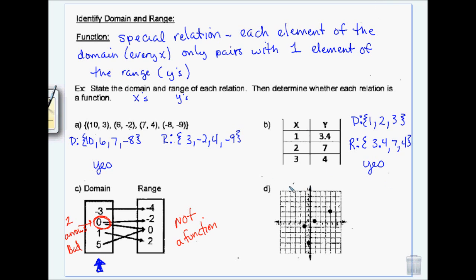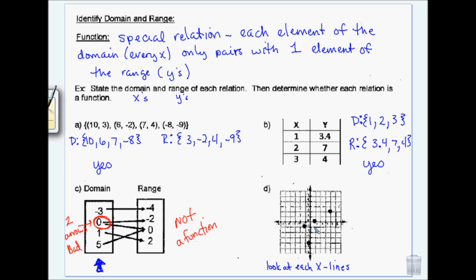When we look at a graph, what we want to do is we want to look down each individual line of the graph. And those are the X, I'm going to call them X lines. So this X line, that's where X is -1.